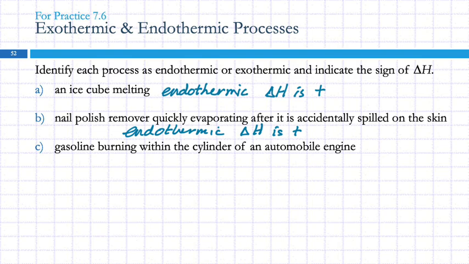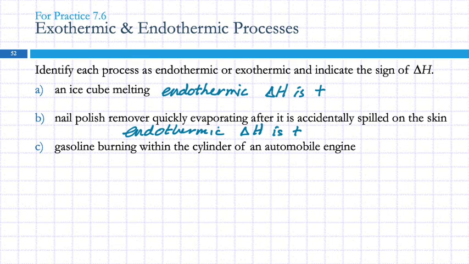Gasoline burning within the cylinder of an automobile engine. So we've got the gasoline burning, and that's going to cause temperature changes in the things around it. So does your engine get hot or cold when it's running? It gets hot. It can get really, really hot, right?